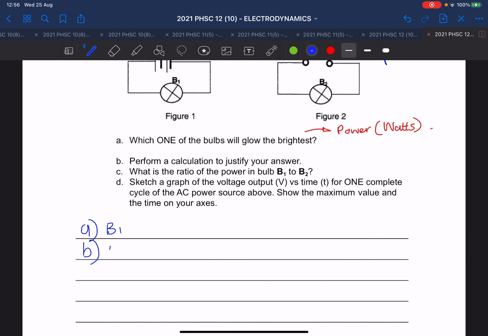If we look at B1, it is connected to a DC, direct current. So no volts is lost. There's no self-induction that takes place. So the volts that it gets is 12 volts. It gets the total 12 volts. Whereas with B2, it is alternating current, so there is self-induction that takes place.